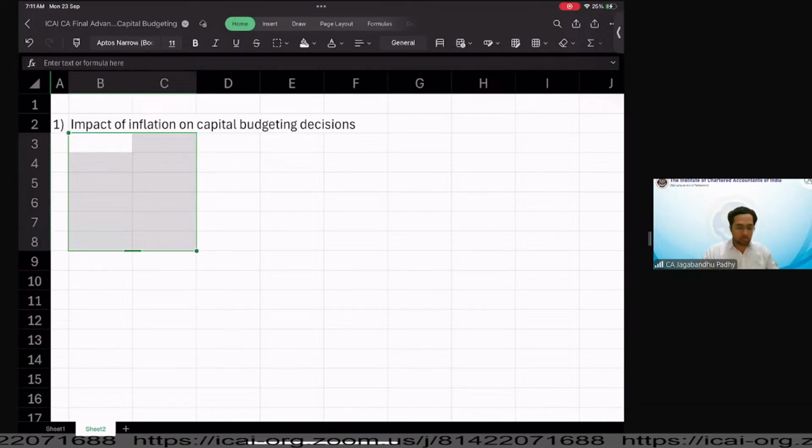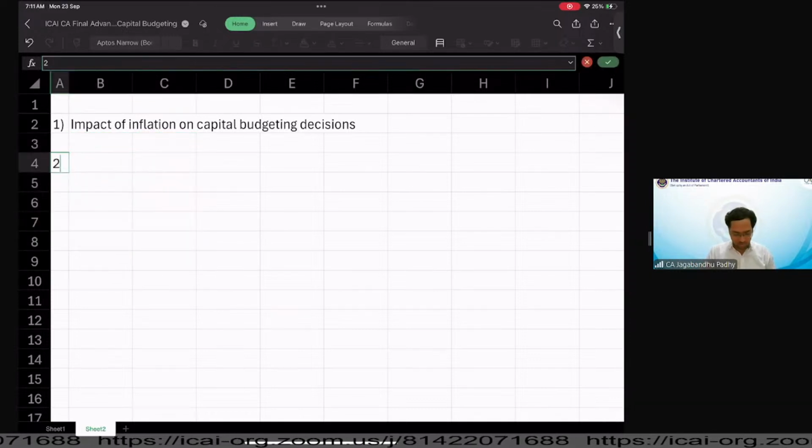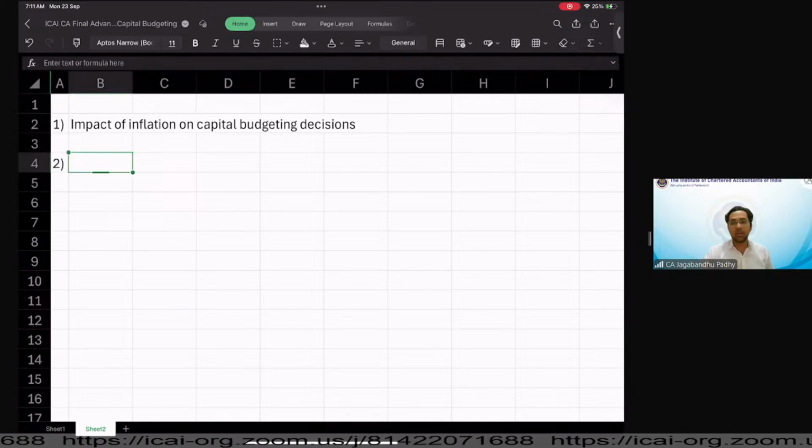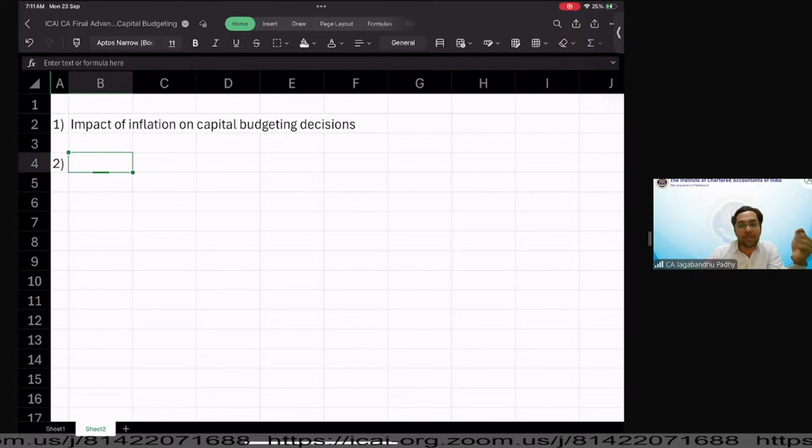Second, that we are really going to learn in this topic of ours, advanced capital budgeting, is getting the impact of risk into our projects. Or I can say certain impact, like how do we measure the risk that we have in a project?